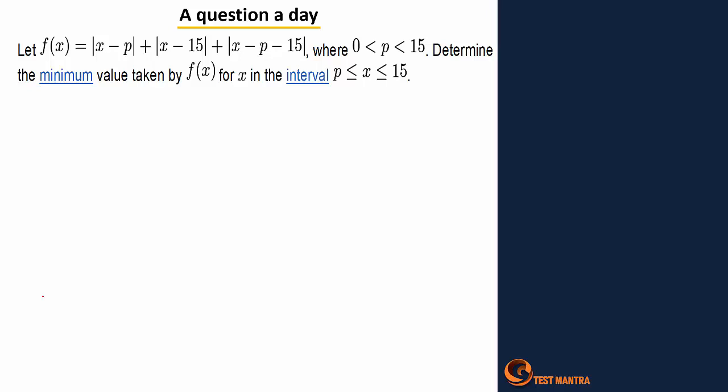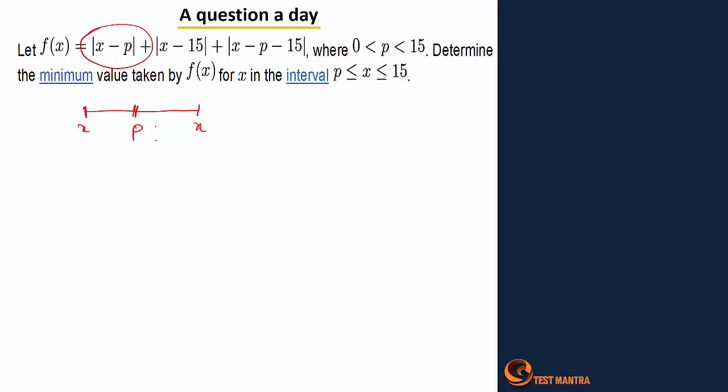First thing is, let's identify the modulus part here. What does this value represent? x minus p is nothing but the gap between x and p, right? In terms of a diagram, suppose I draw a number line, I have value p available here, so x can be here and x can be here, right?